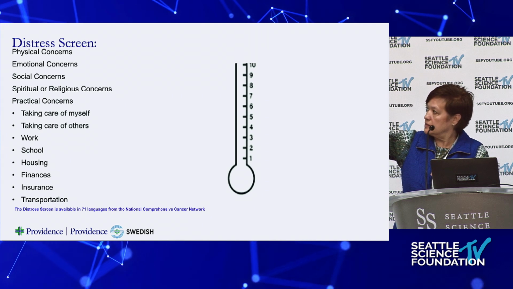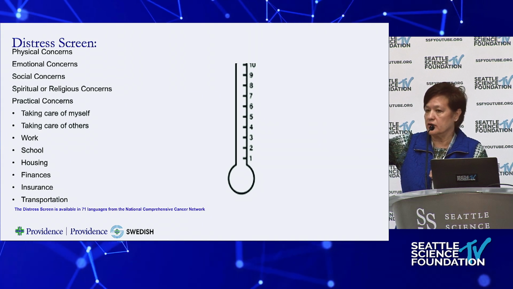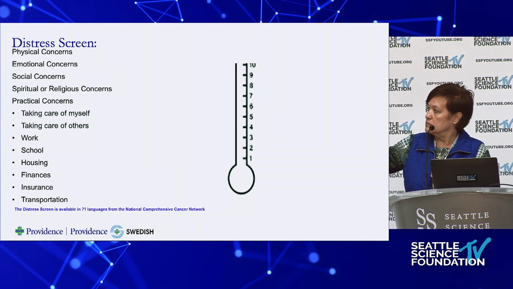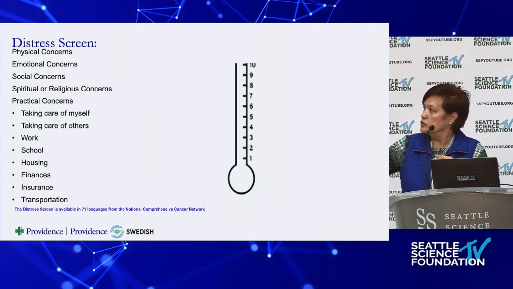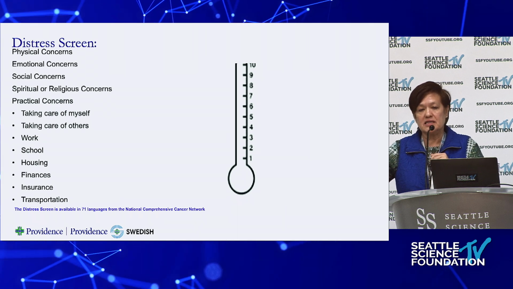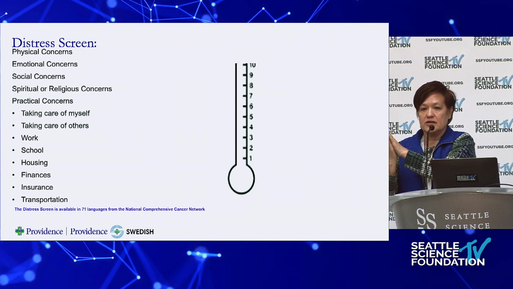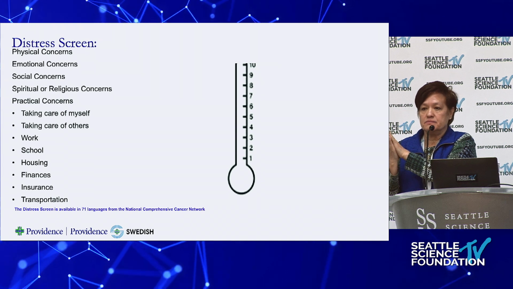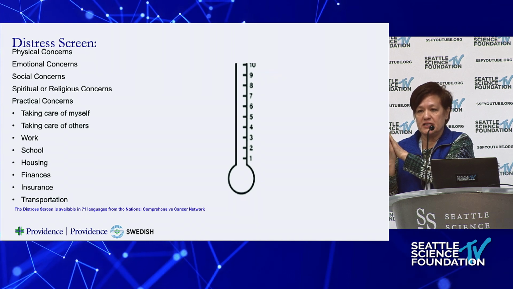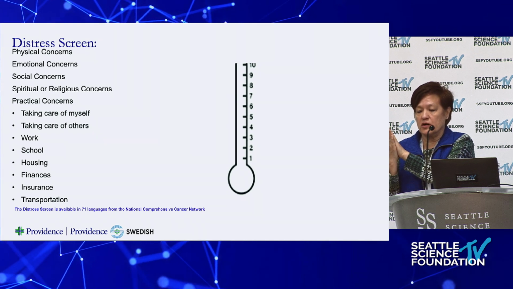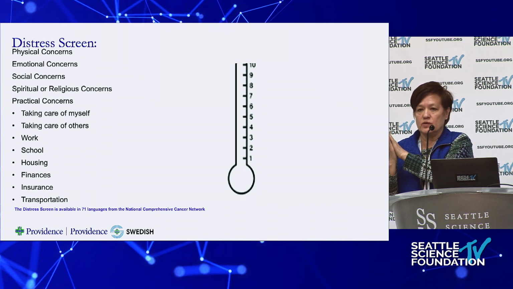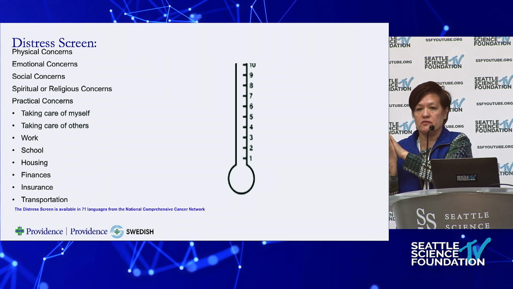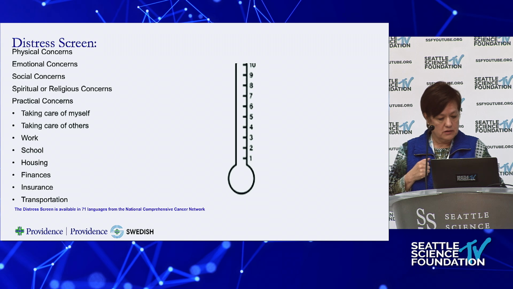On the distress thermometer, it goes from essentially 0 to 10. Just by looking at how folks have identified their distress on a thermometer, I can tell immediately how quickly I need to get in contact with that patient to provide resources and support.